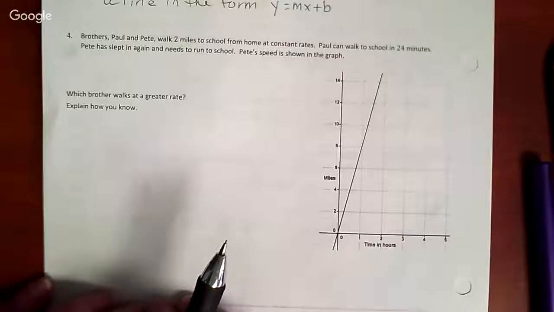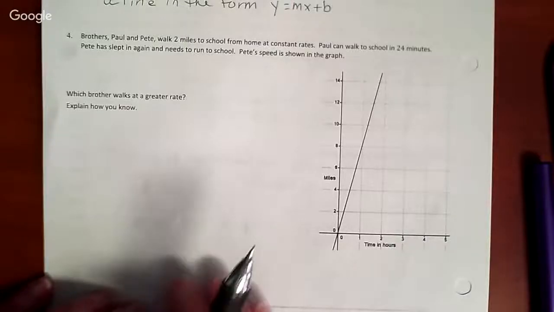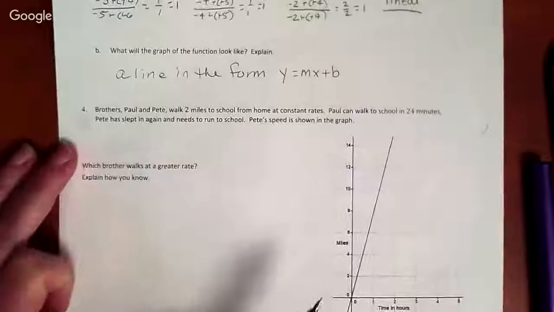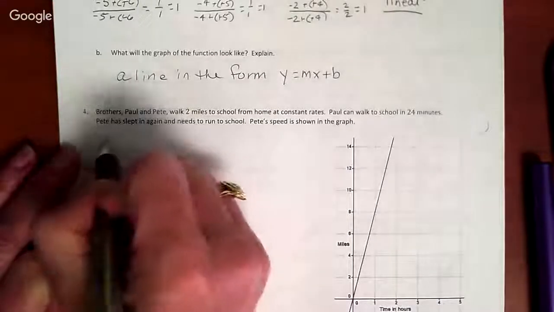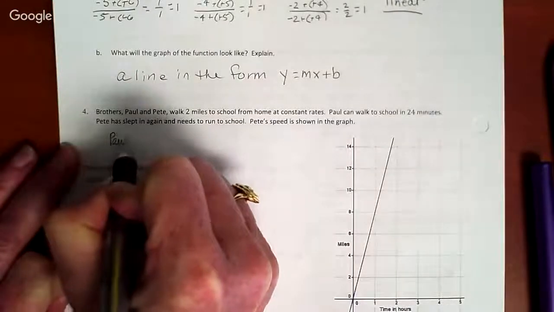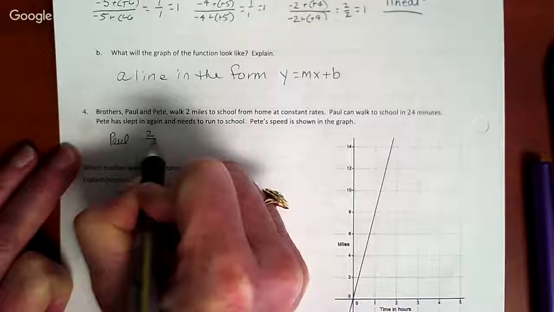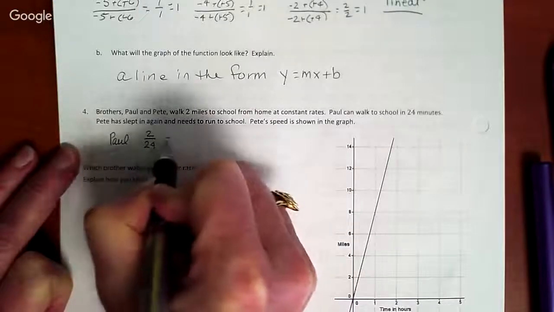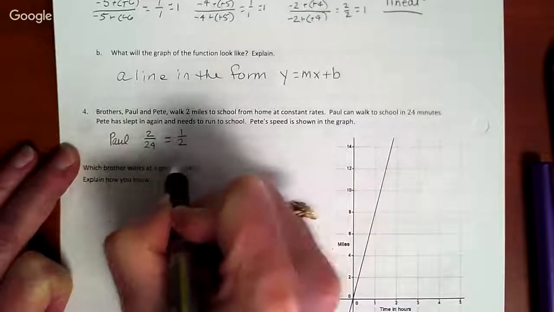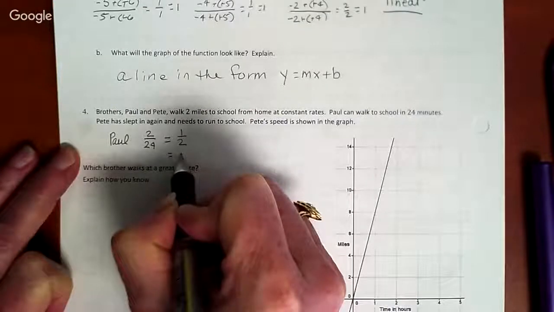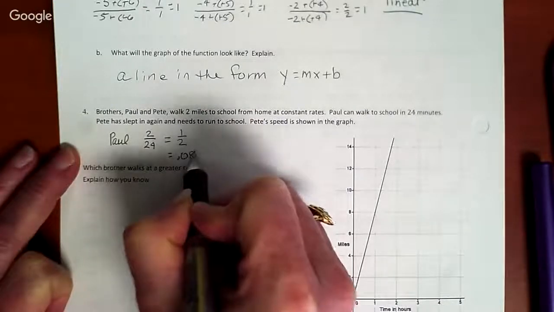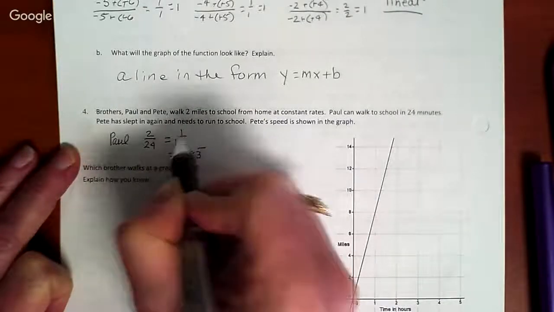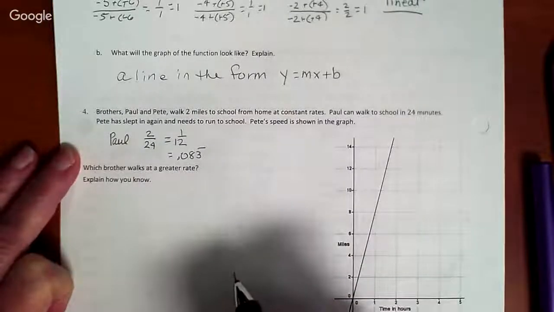Well, Paul can walk to school in 24 minutes. So he has 2 miles in 24 minutes. So 1/12, or 0.083 repeating. Okay.